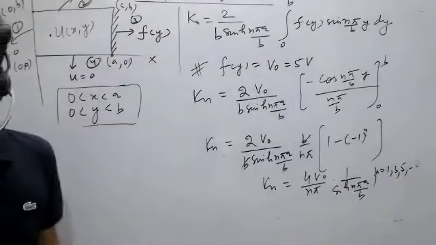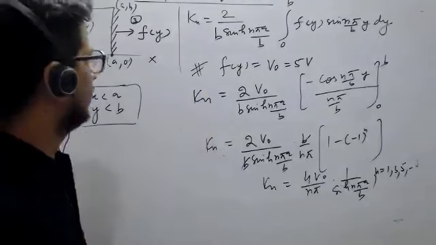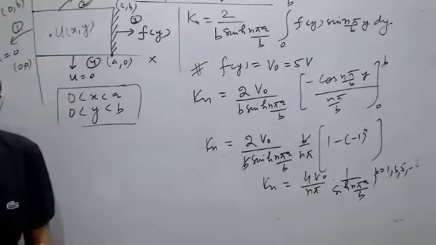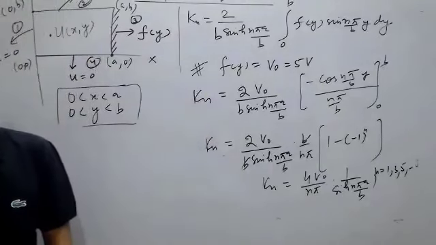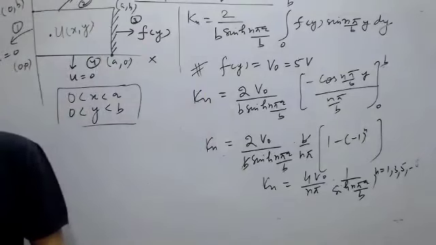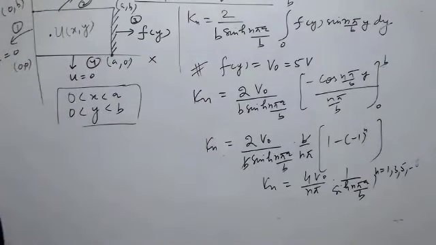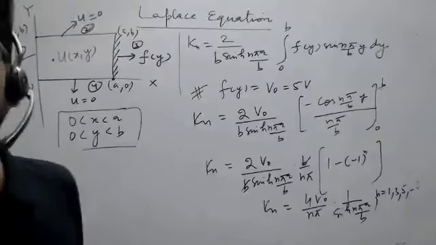That is the value of Kn. So now substitute the value of Kn in the equation, and that is the profile of the potential. So this is how the Laplace equation is taken care of. Please see this. If you have any doubt in this, you can ask.